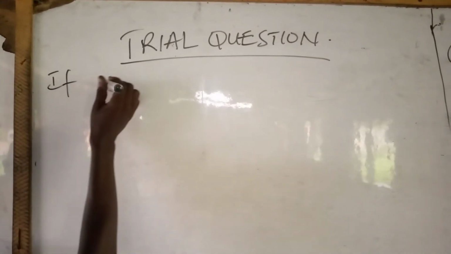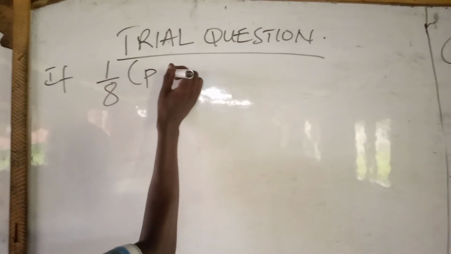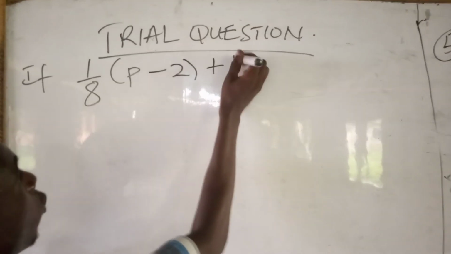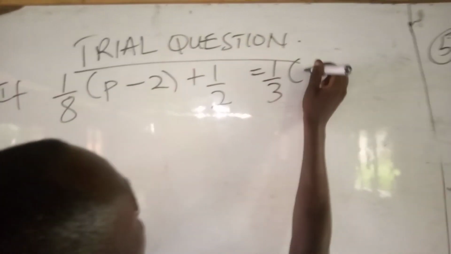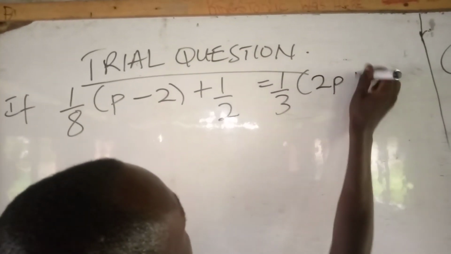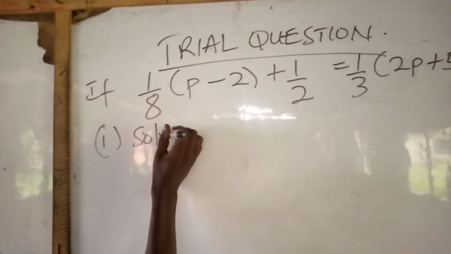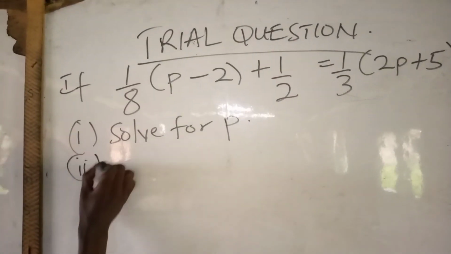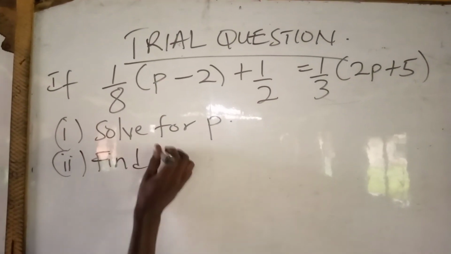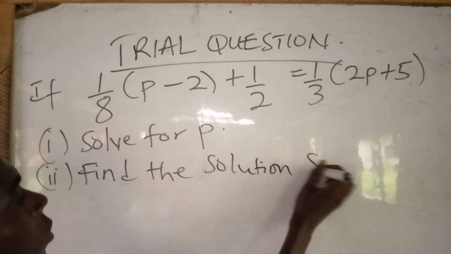If 1 over 8 p minus 2 plus 1 over 2 is equal to 1 over 3, 2p plus 5, solve for p. Find the solution set.